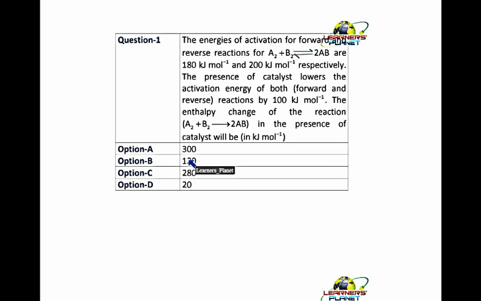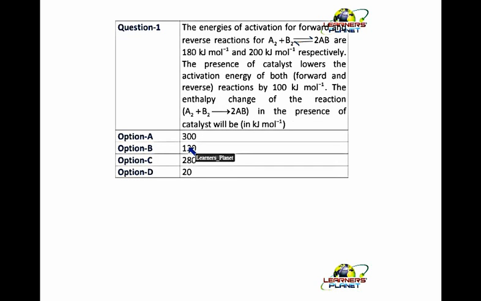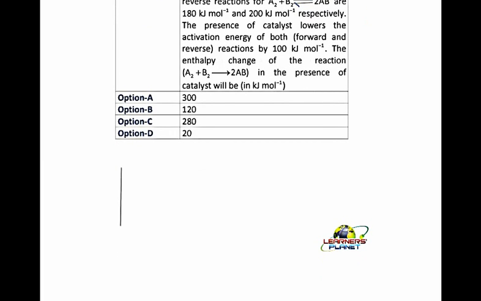Now students, if I plot a graph for the energy of activation and the progress of reaction, how it is? See, the answer is 20. I am telling you, you can solve it in 30 seconds. So this is on the y-axis.